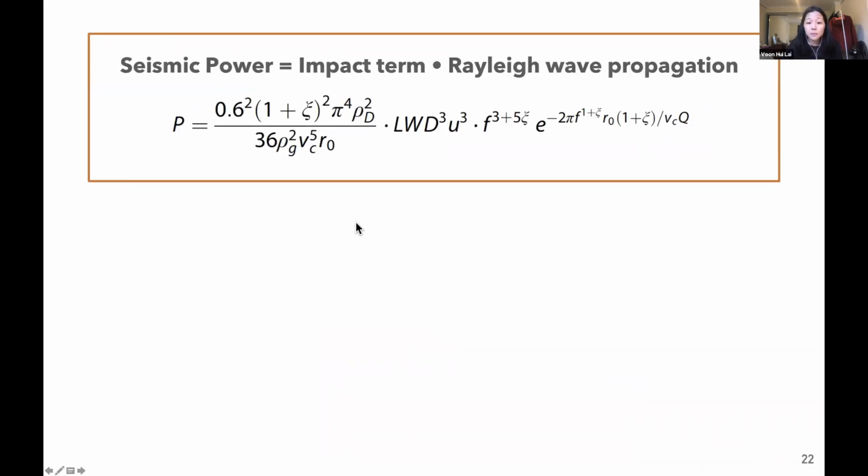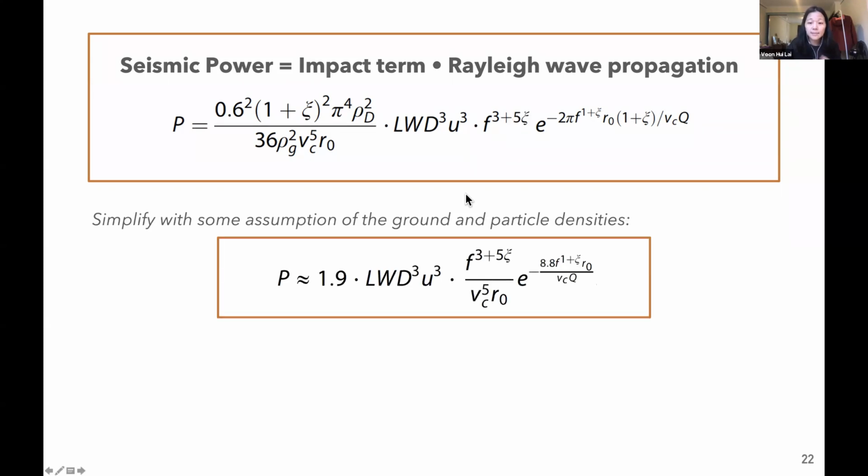So the expression of the seismic power in a function of frequency f takes into account many parameters, hence the length of the equation. But I want to highlight that the essential components that affect the power are the particle impact term, which describes the forcing, and the wave propagation term, which describes how the Rayleigh surface wave propagates from the source to the recording station.